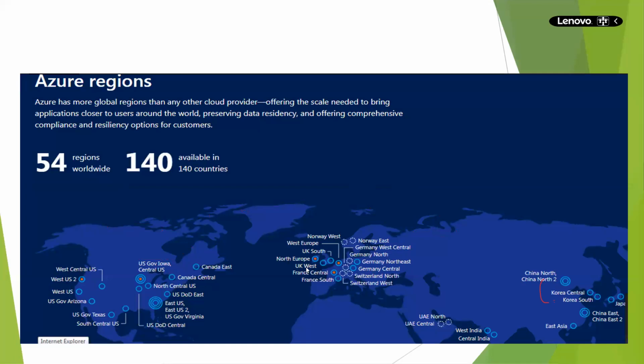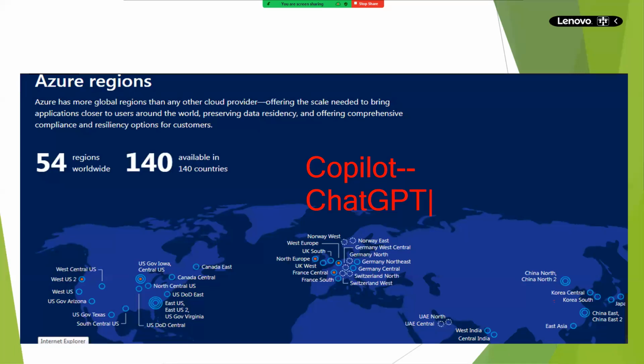Another very important thing is Copilot. Have you heard about it? ChatGPT. Yes, ChatGPT is almost a Microsoft product. It is OpenAI, with 50% of the investment done by Microsoft.